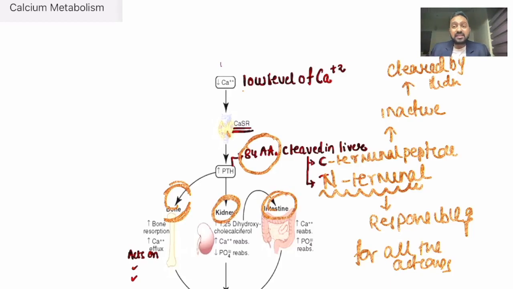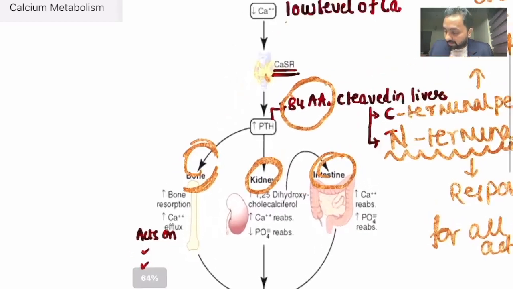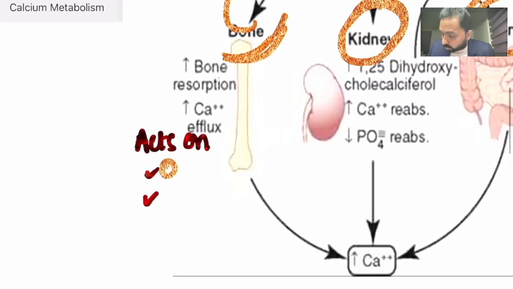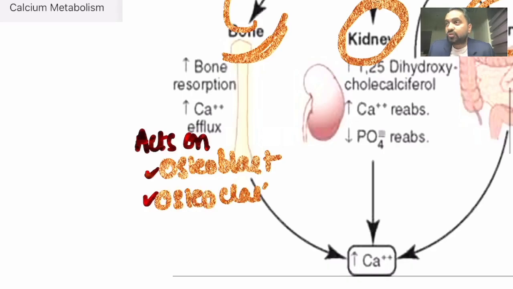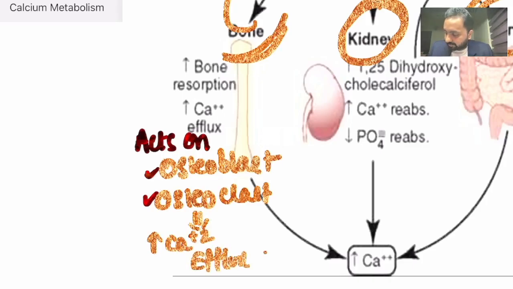So what happens in the bone? In bone, it acts on both osteoblast and osteoclast, as a result of which it causes an increase in calcium efflux.